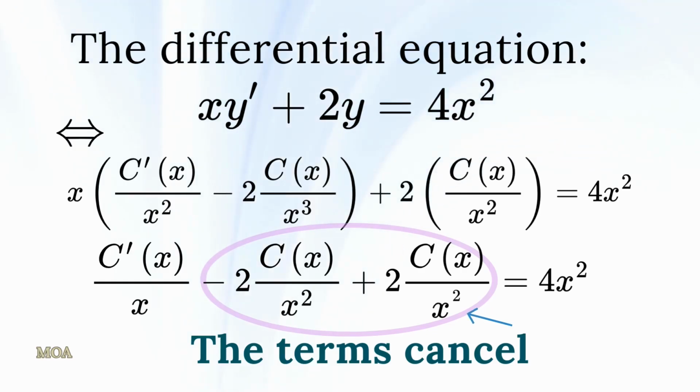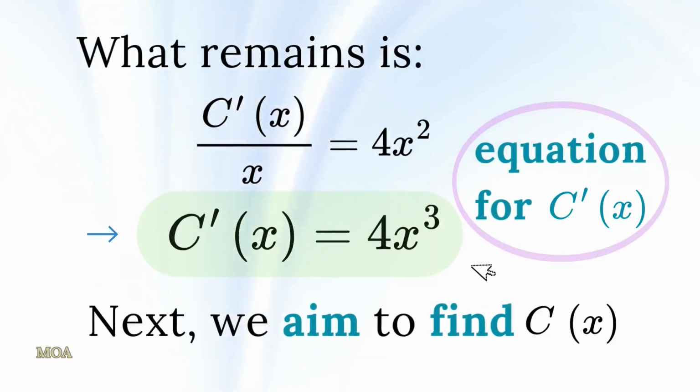Now, notice that the terms involving c of x cancel out, namely minus 2 times c of x over x squared plus 2 times c of x over x squared equals 0. What remains is c prime of x over x equals 4x squared. Multiply both sides by x. c prime of x equals 4x cubed.